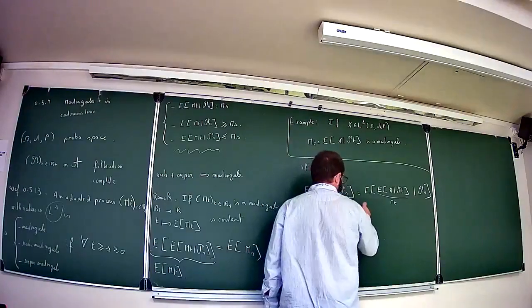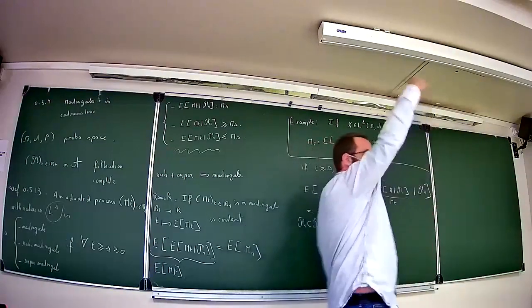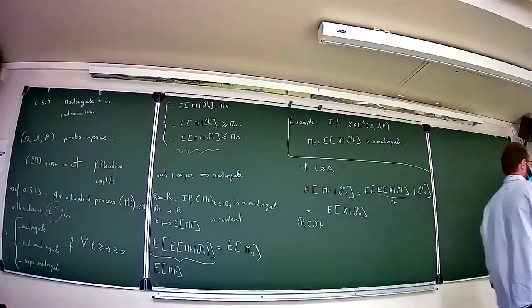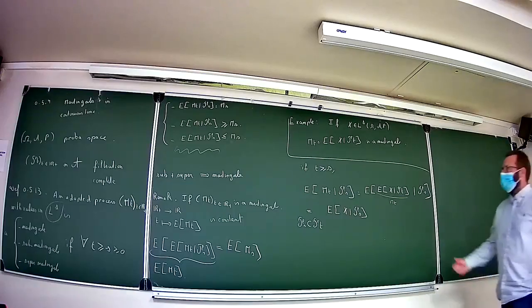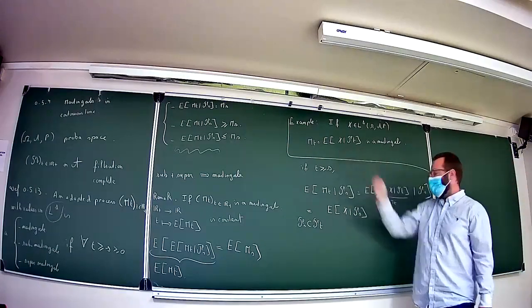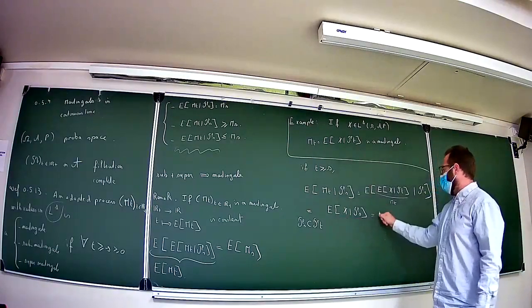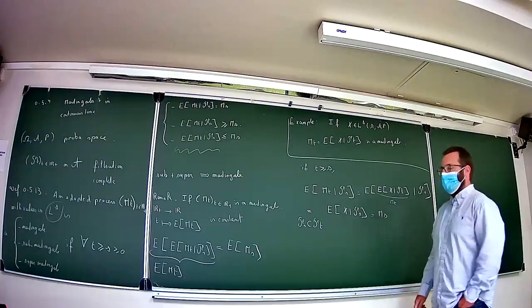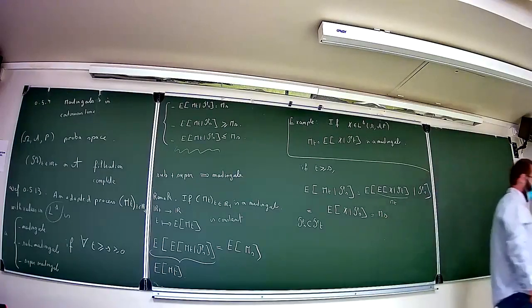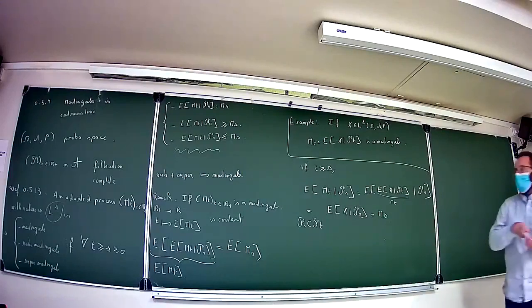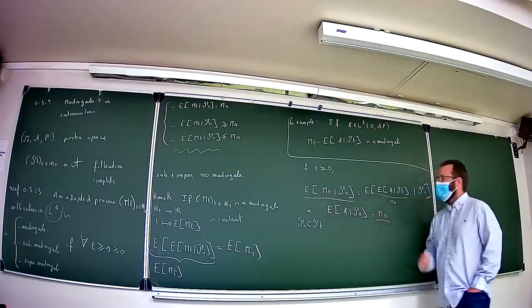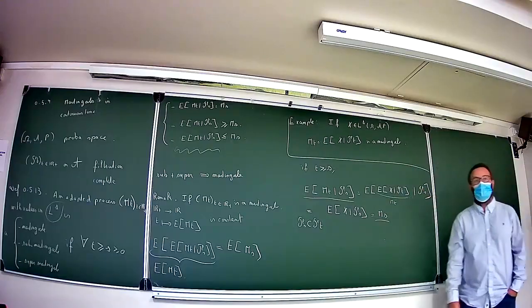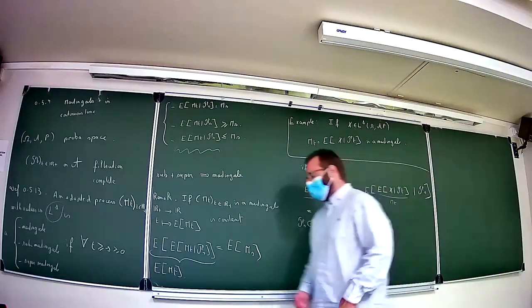So it's the tower property in the list of properties fulfilled by the conditional expectation we have seen together. And so I have exactly what I want, because by definition this process is none other than Ms, and so you have proved that the conditional expectation of Mt given Fs is equal to Ms. Okay, so you have a martingale this way.